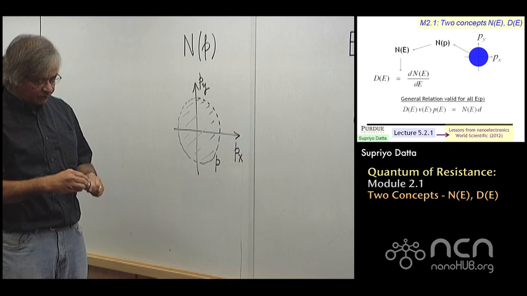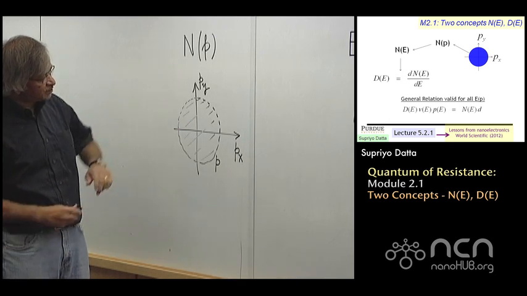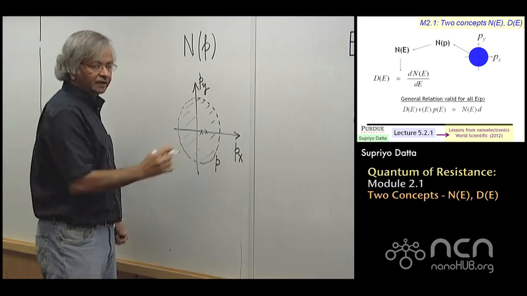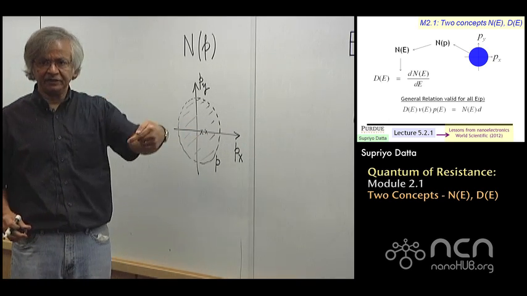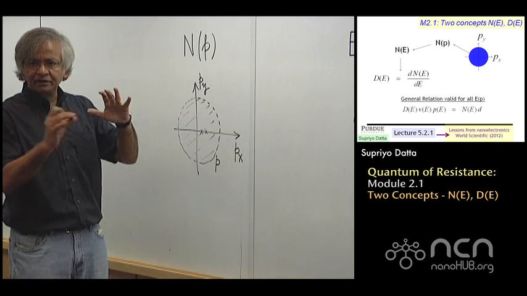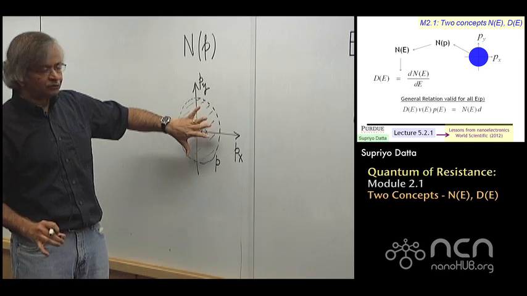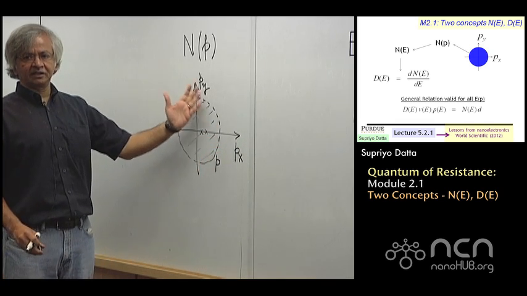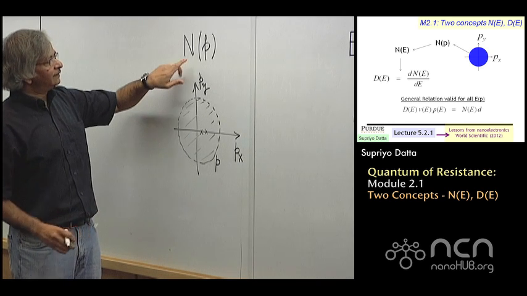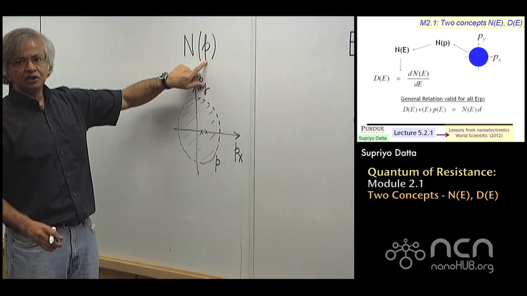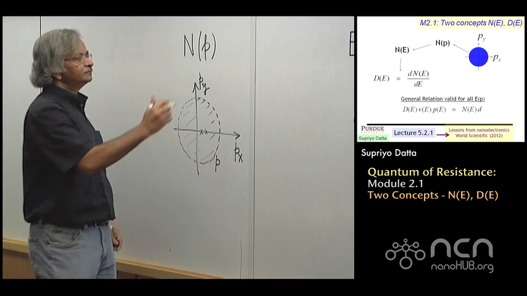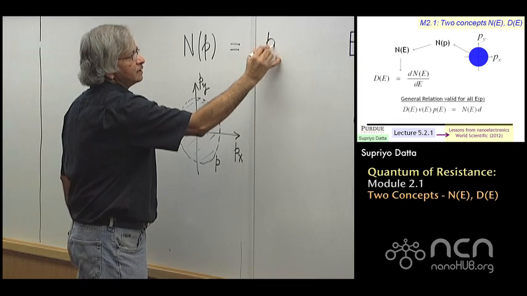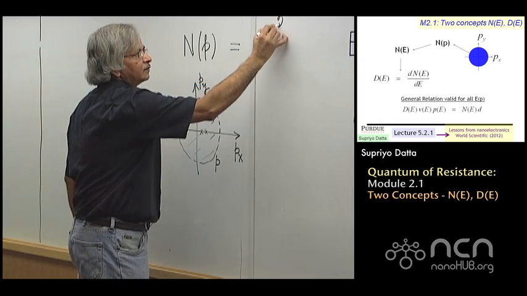Now, this requires some discussion because you first have to argue how these states are located. And that is a discussion we'll go into in the next module. But one thing you can expect without too much thinking is that if you're talking about a two-dimensional conductor, then this function N of P should depend on P squared. Why?